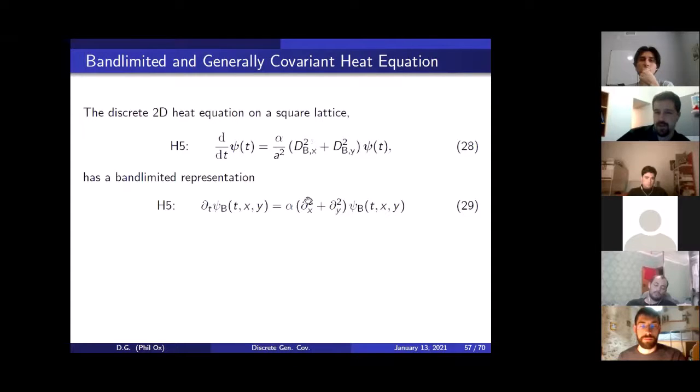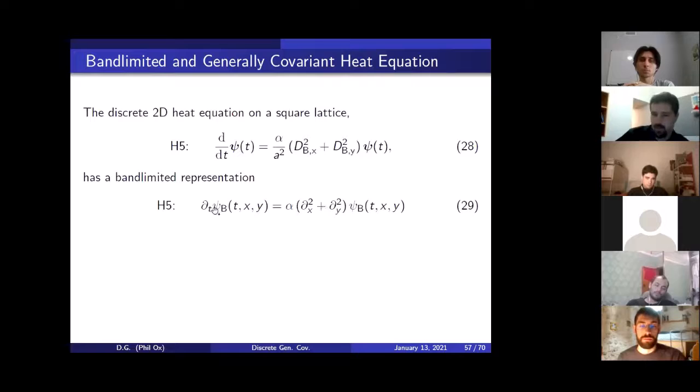These dBs just turned into derivatives in the band-limited one. Remember, this is the infinite range derivative that we were talking about earlier. So we take this discrete equation and give it a band-limited representation, which now references no lattice structure in particular. We could put this on a different lattice.